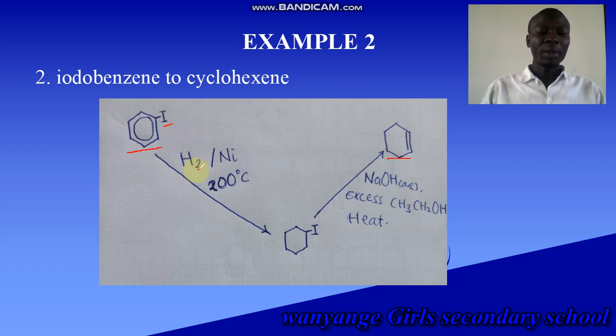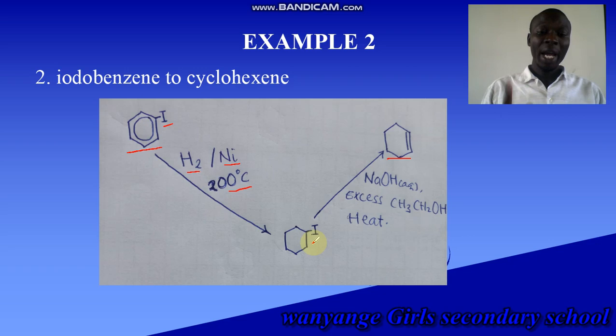We have, first of all, remove the benzene ring. How? React it with hydrogen in presence of nickel catalyst at 200 degrees Celsius. We shall form a cyclic alkyl halide, which is called iodocyclohexane.